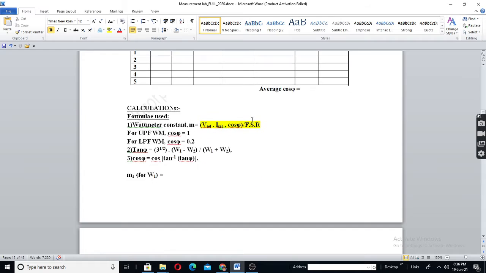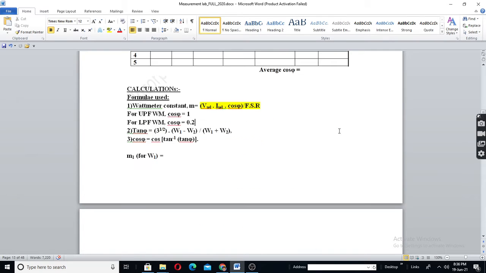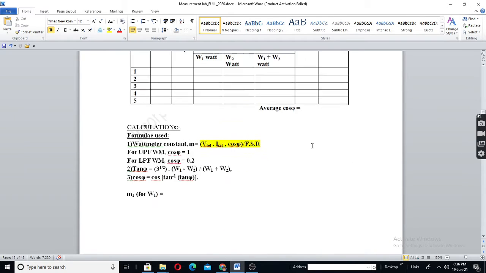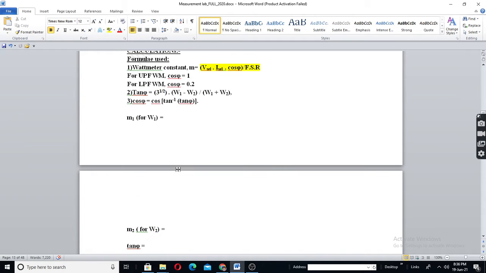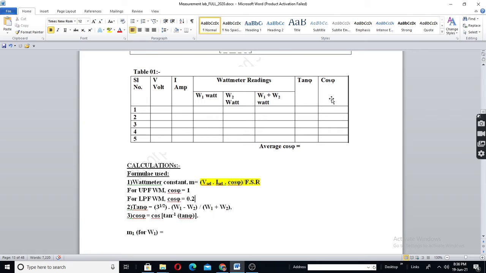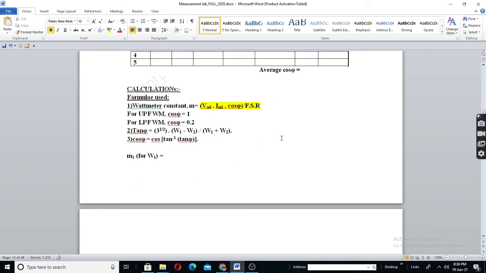Okay. So if you want to measure cos phi, first you will have to measure tan phi. Tan phi is given by root 3 into W1 minus W2 by W1 plus W2. Kindly search Google for the formula for power factor or tan phi in a three-phase circuit using 2 wattmeters.